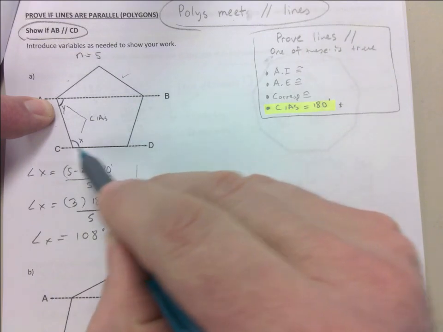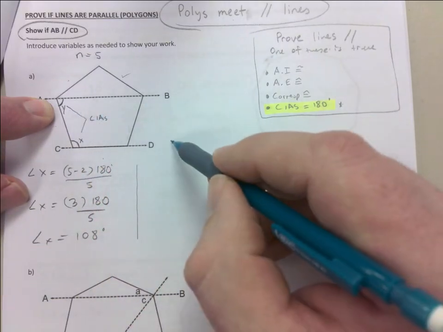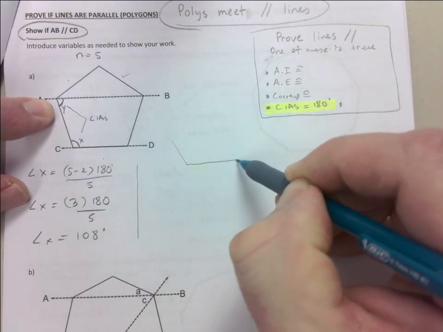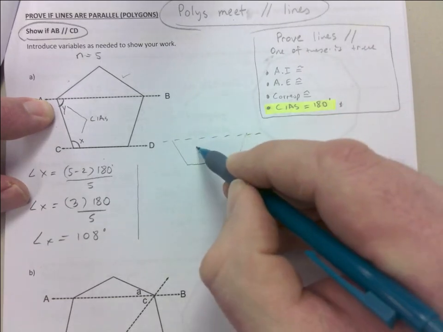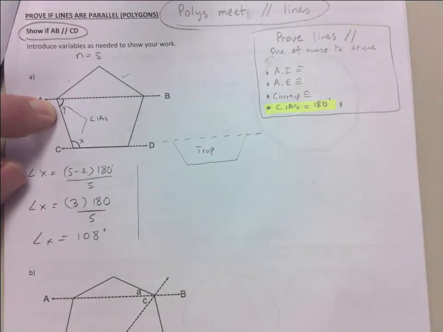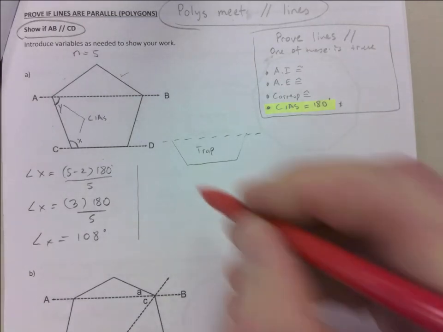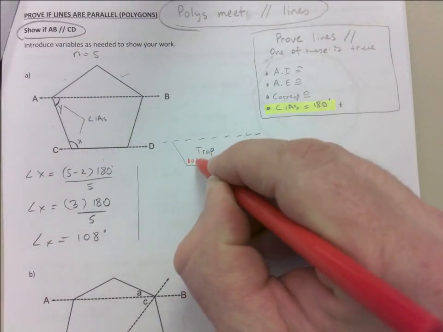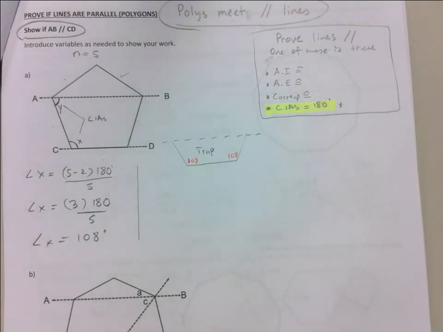And so what kind of inscribed shape do we have here? A trapezoid, right? We know at this point that this is 108 and this is 108. Okay?